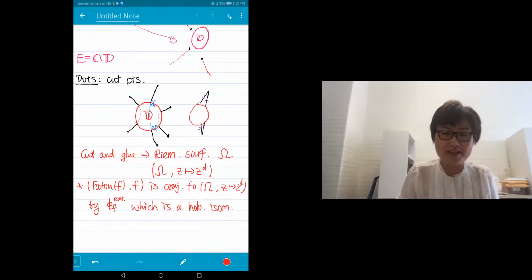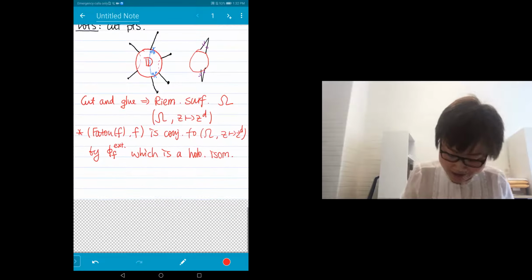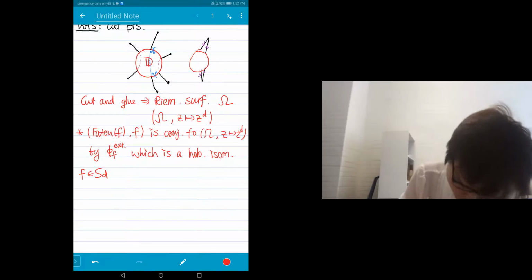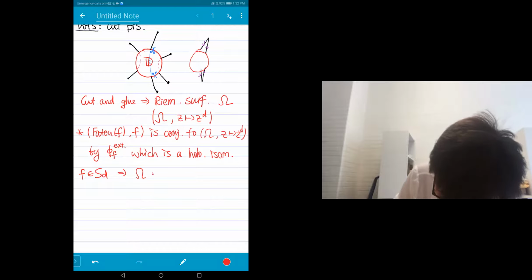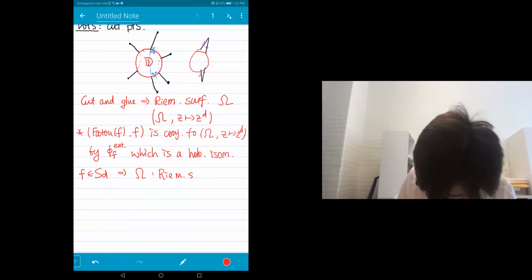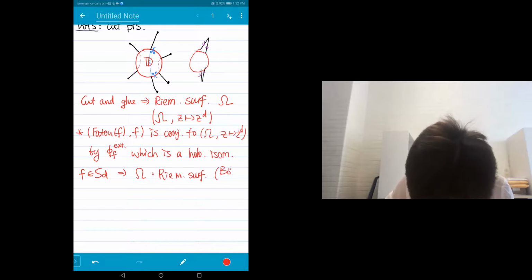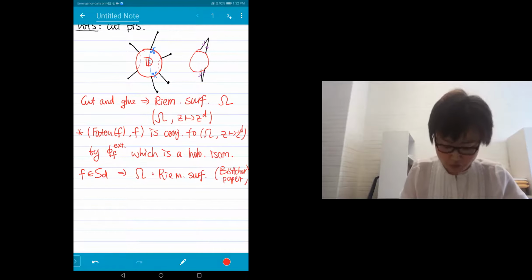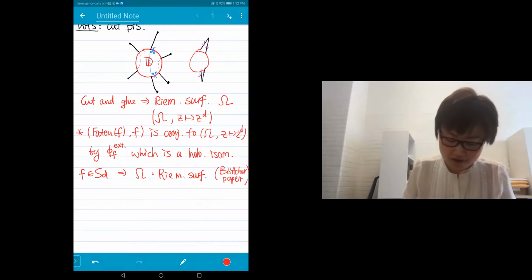Okay, so this is just one side of the story. So far, we start with the map F in the shift locus, right? And we can construct this Butcher paper, this Riemann surface. This is what we call the Butcher paper. And as I said, we want to build a combinatorial model for the shift locus.